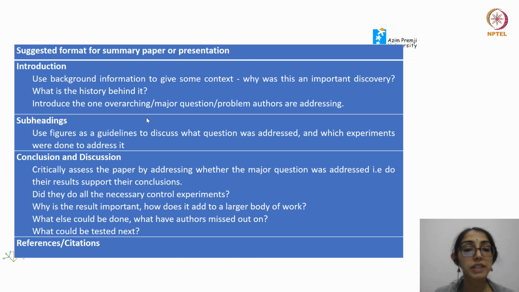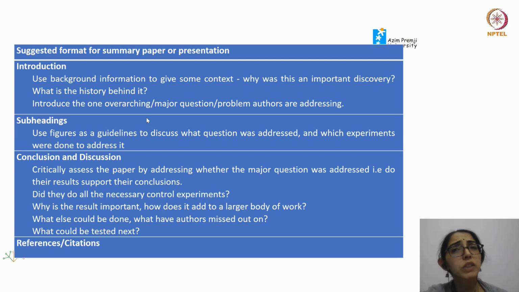Then you might use subheadings. So look at each figure separately and explain to your peers, or in your writing or in your summary report, explain to your peers what experiment was done for this figure and for these results. And finally, in the conclusion and discussion, you want to assess the paper and say, what was the major question that was addressed?